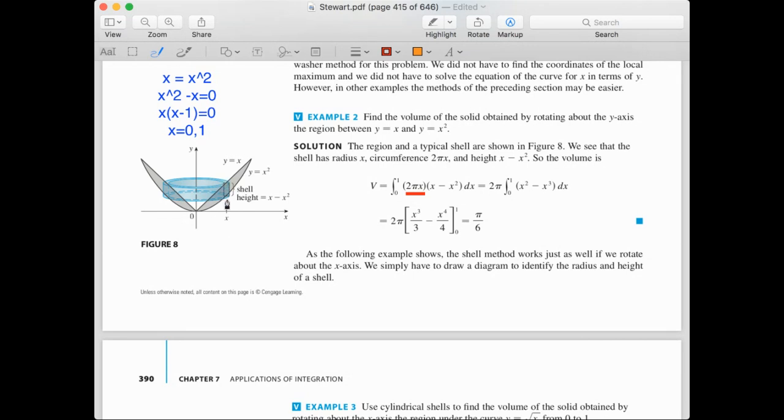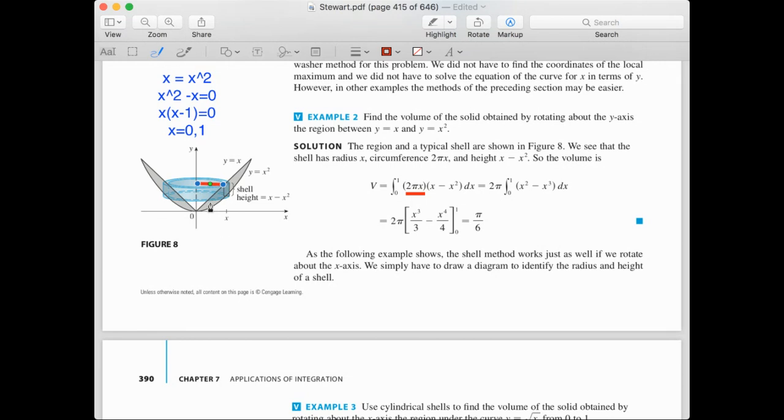We're trying to find the area of this, or approximate area of this. Then we rotate. So we'll get 2 pi r. All right. So you see, r is always the x value.